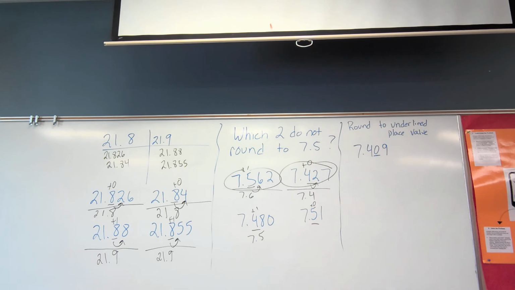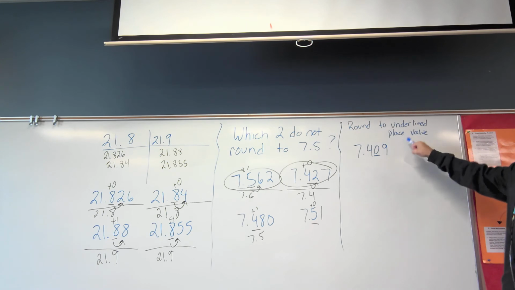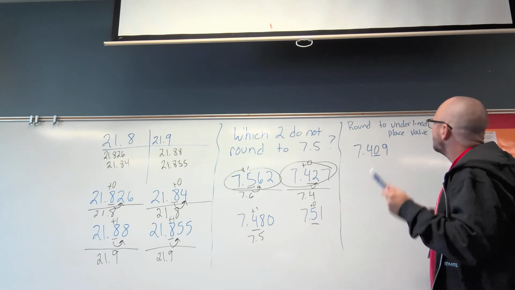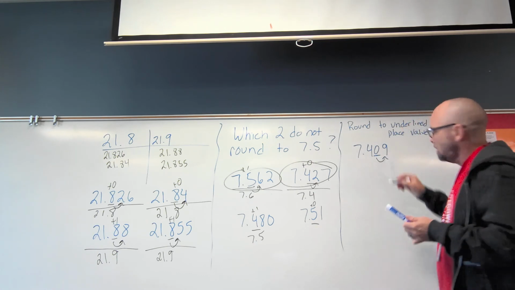And last, but certainly not least, we have this problem that says round to the underlined place value. So what place value is underlined? That's a number. What place value is it? Hundredths. Good. So we're going to look at the thousandths.